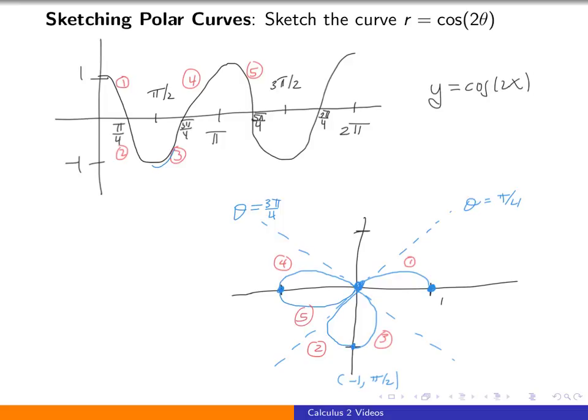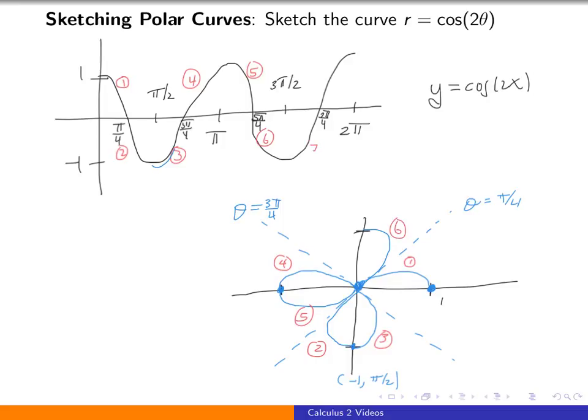And let's just continue on. The sixth portion of our curve is from 5 pi over 4 to 3 pi over 2, except now our r value is negative, so we're going to be going in that opposite direction. And our r increases from 0 to 1. So that's the sixth portion of the curve.